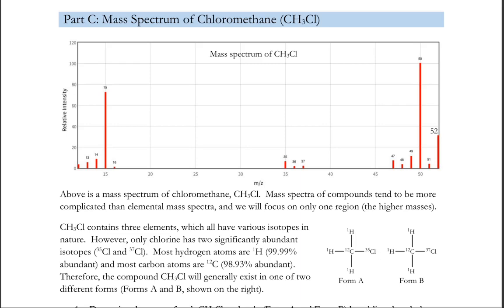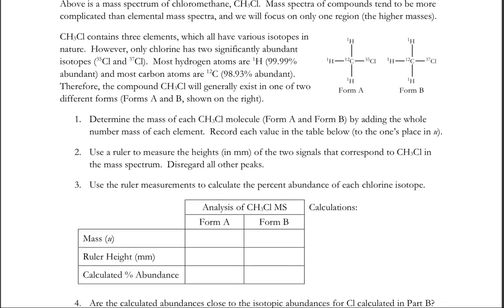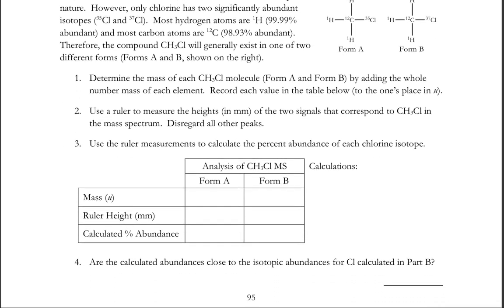And then you measure. So in this table, problem 3, you're putting the masses you calculated for form A and form B in. You're locating those signals on the mass spectrum just based on their masses. You can ignore all the other signals. You're measuring the height of those 2 signals.